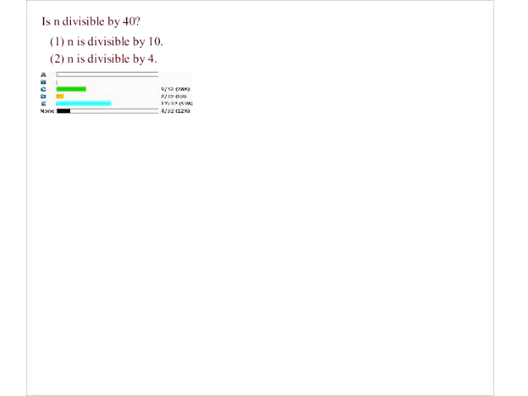Well, this is the same number n. So 40, here's the prime box method. 40 is, again, 2 times 2 times 2 times 5. So the question is, does the box have 2 times 2 times 2 times 5?